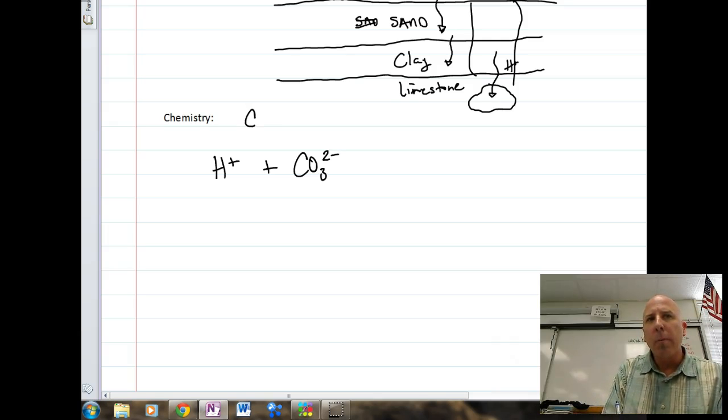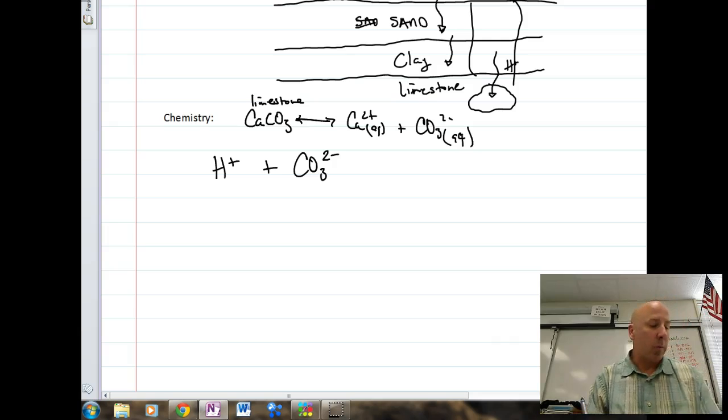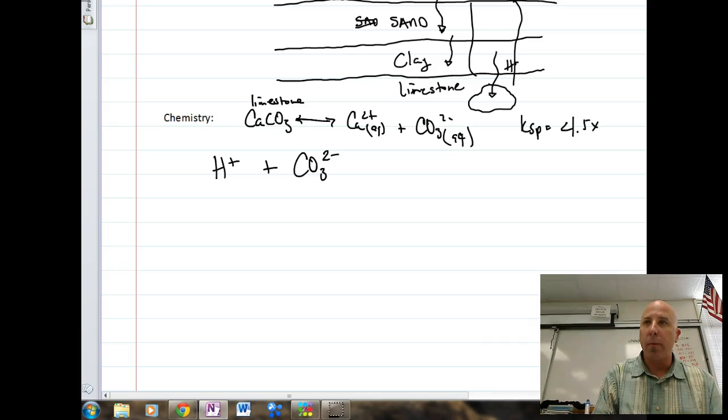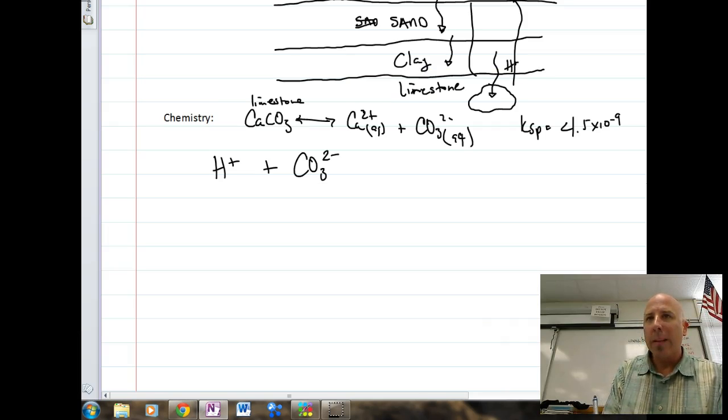Well, it comes from calcium carbonate, which is our limestone, which has very limited solubility, but we can still form a Ksp value equal to 4.5 times 10 to the negative ninth. And so there's our equilibrium going on. Really, limestone's not going to dissolve readily in just plain water, although a tiny bit will dissolve, but we get this equilibrium established.